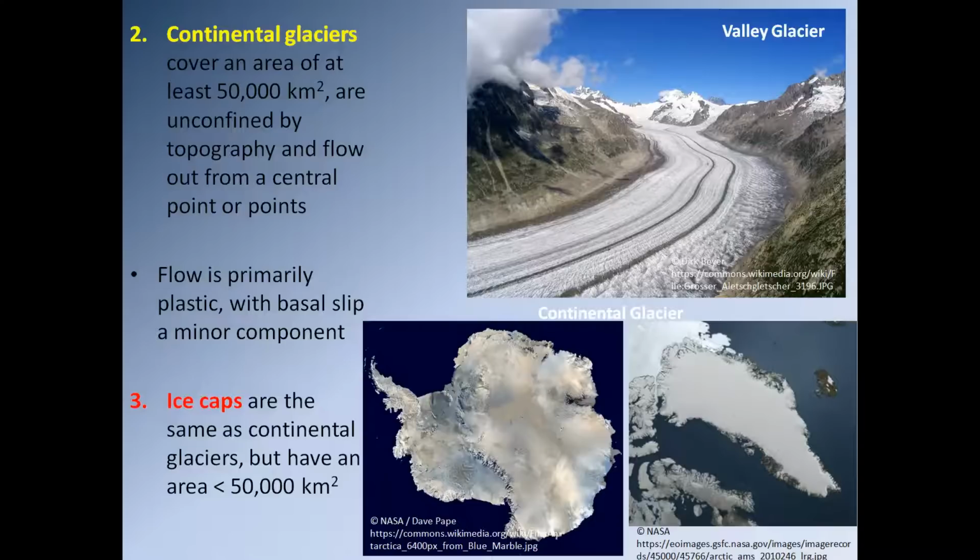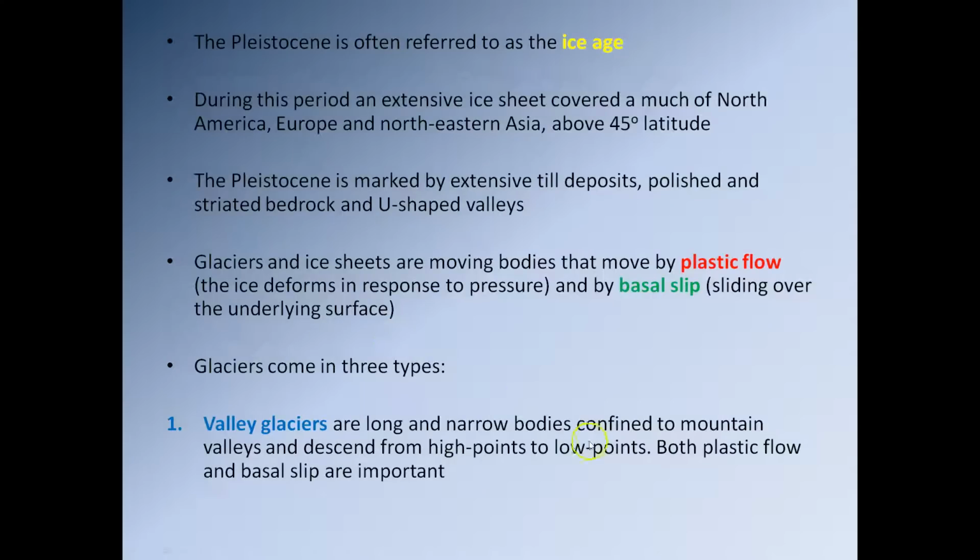That's where the glacier starts, and the ice will go in all directions from that central point. Now, in the case of a continental glacier, because it's so big and so heavy, it will primarily move by plastic flow. Okay, so in the case of a valley glacier, because it's relatively light in comparison, the ice can actually slide over the bedrock below.